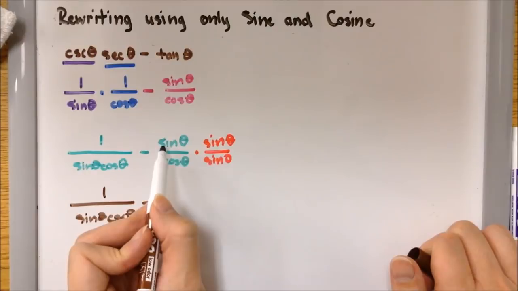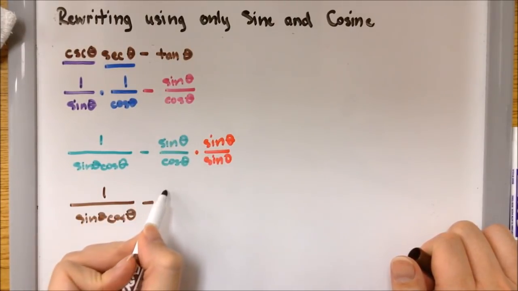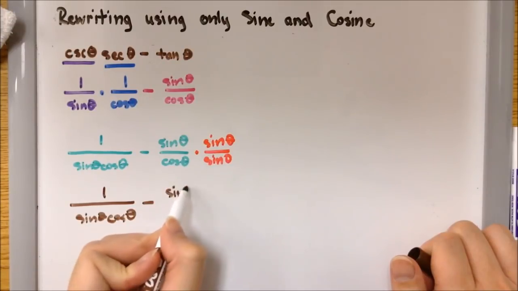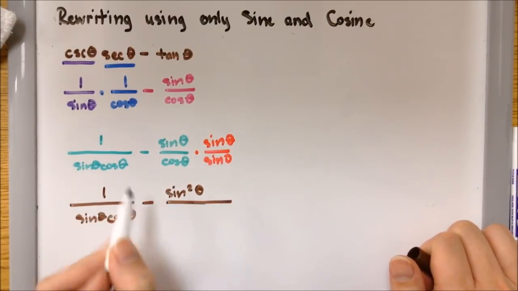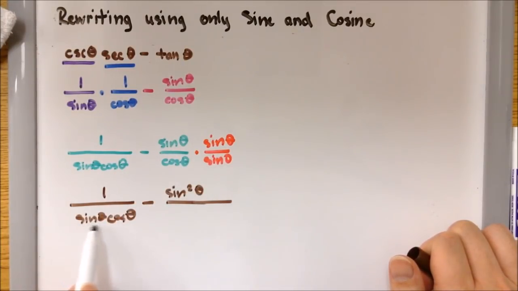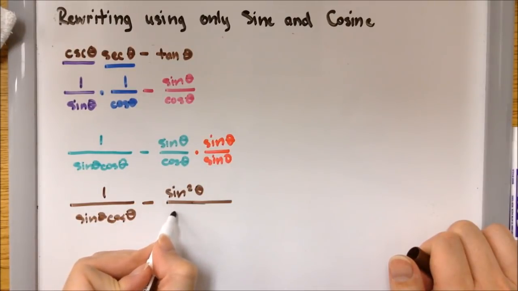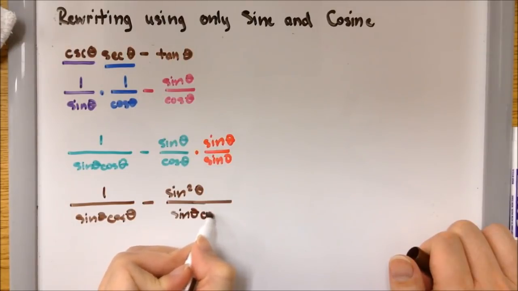sine theta. So on the numerator, sine theta times sine theta will be sine squared theta over cosine theta times sine theta, which is the same thing as sine theta cosine theta. So I'm going to write it in that form.